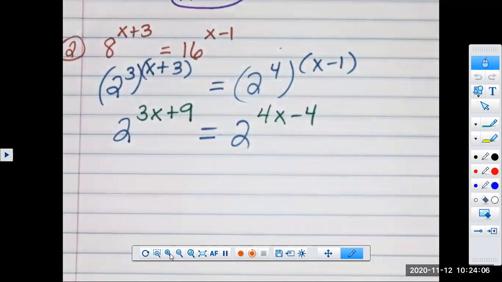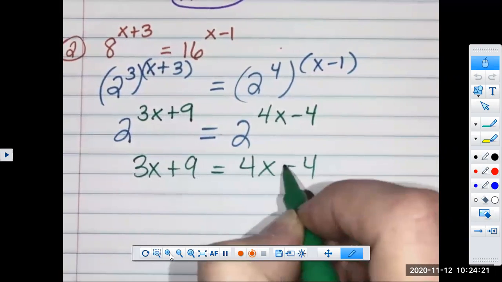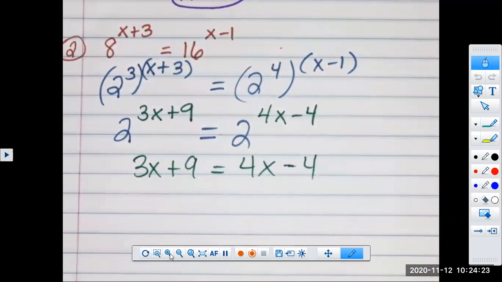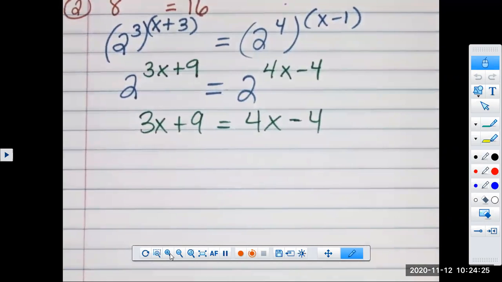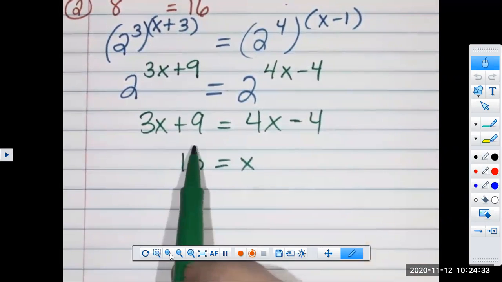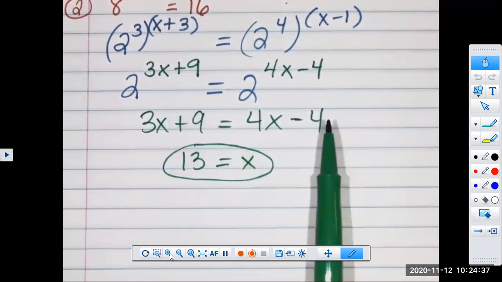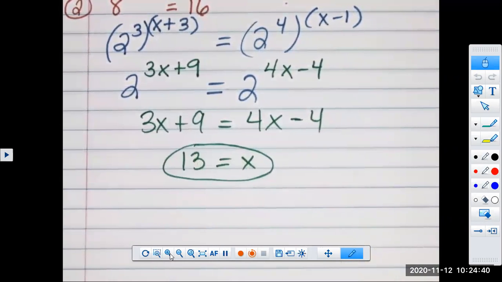Now that you have the same base, what do you do with your exponents? Set them equal. Should get x equals 13. Subtract 9, add 4 to 9, subtract 3x.